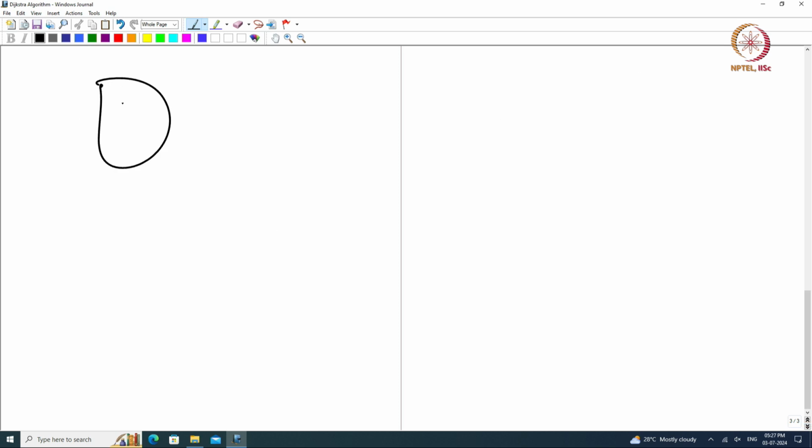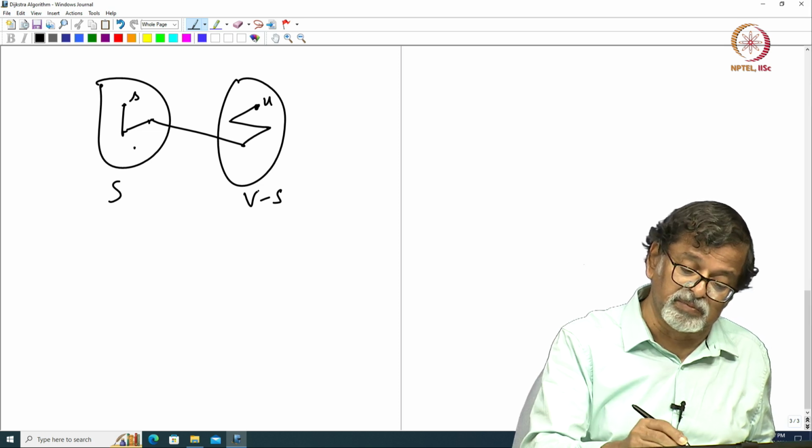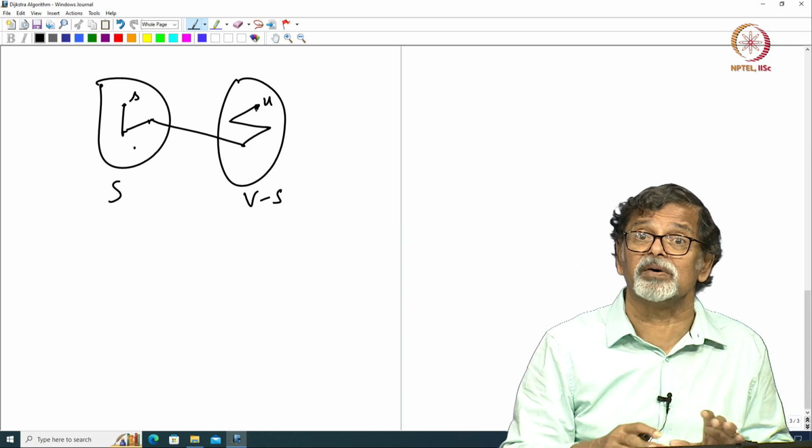If there is a vertex, let us say U, and a path from S to U is like this, this is not a special path, because it has several vertices in V minus S also in that path.